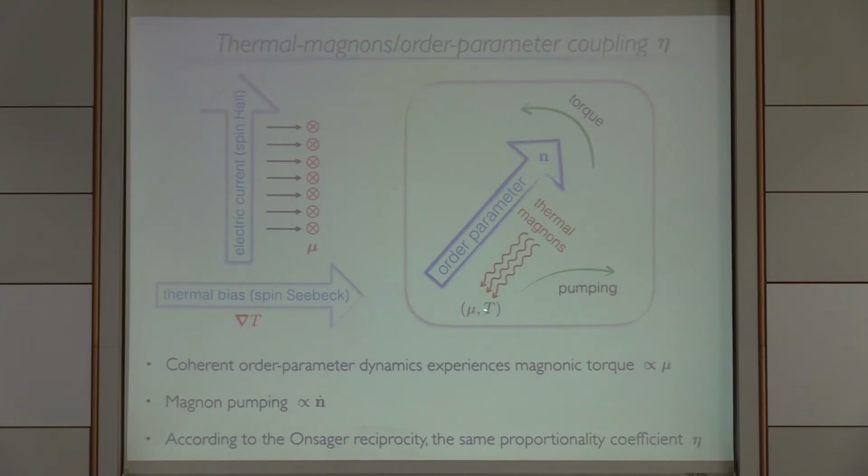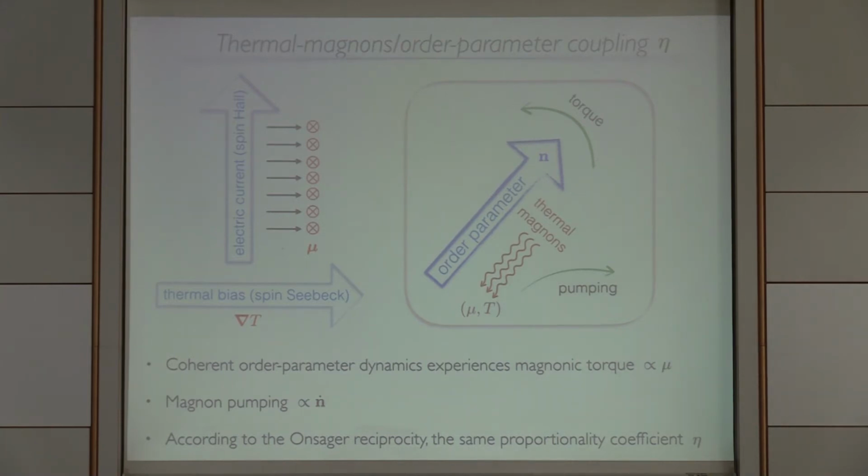Whatever temperature magnons have, of course, that should not exert torque on the collective dynamics. Otherwise, you would have some coherent dynamics emerging spontaneously out of equilibrium. That's nonsense. But chemical potential is another parameter that parameterizes the non-equilibrium state of the pumped thermal cloud.